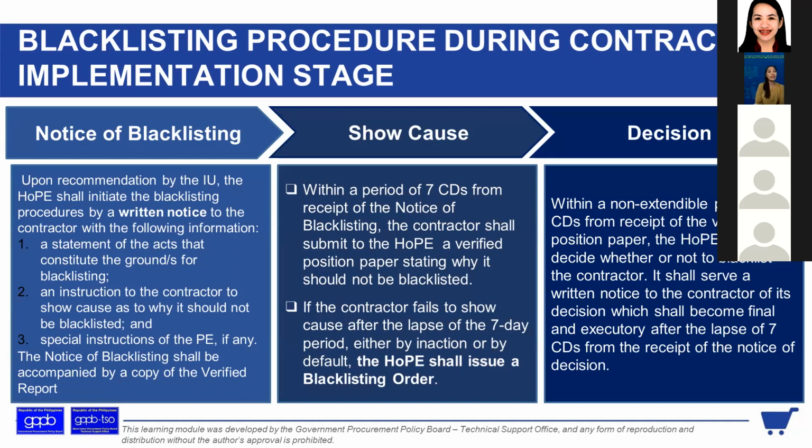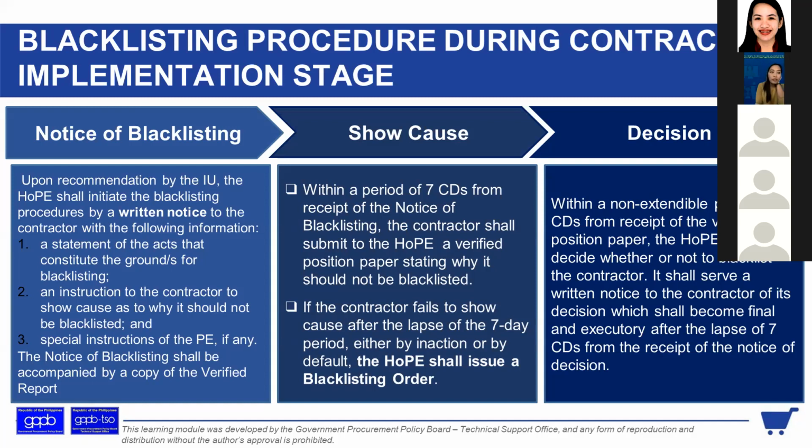So, notice of blacklisting upon recommendation by the implementing unit: the HOPE shall initiate the blacklisting procedure by a written notice to the contractor with the following information. A statement of the acts which constitute the grounds for blacklisting, those I mentioned earlier as the possible acts they committed. An instruction to the contractor to show cause as to why it should not be blacklisted. Tell us why you should not be blacklisted. That is the show cause.